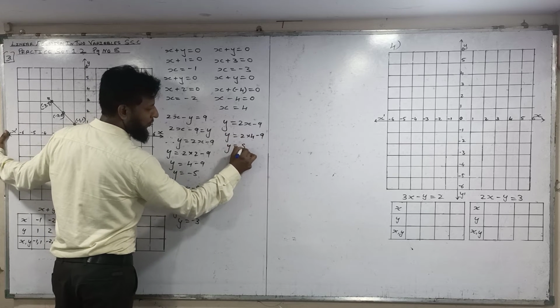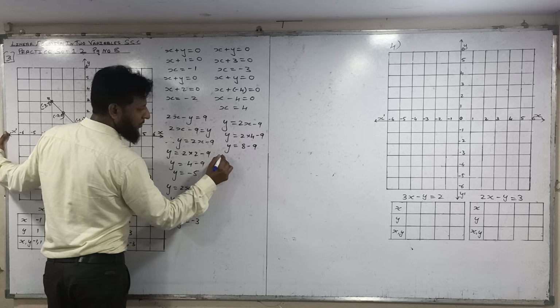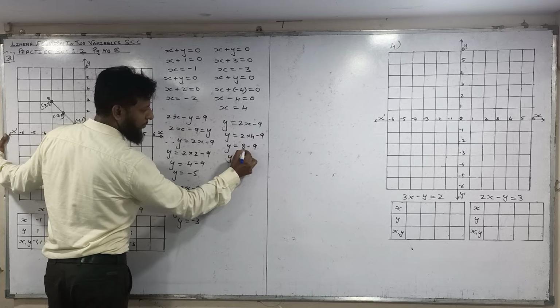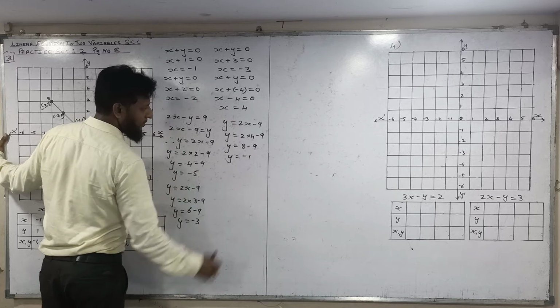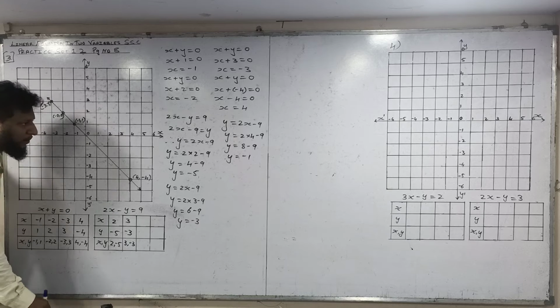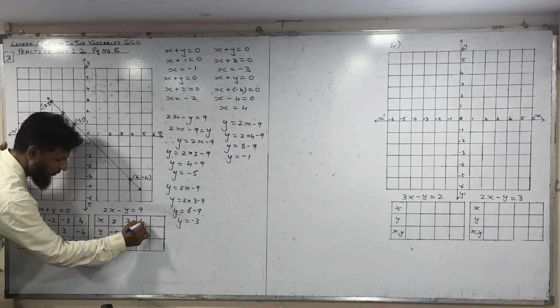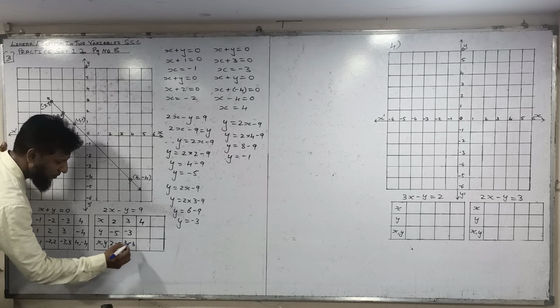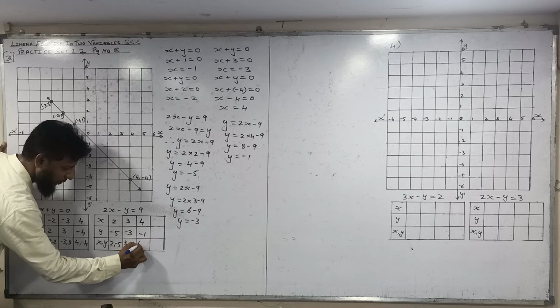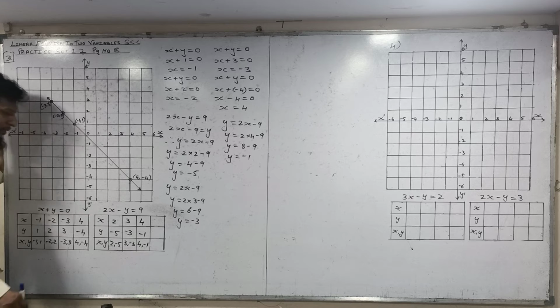Y is equal to 2 4s are 8 minus 9. So y is equal to minus 9 plus 8, minus 1. So when I am taking x value 4, my y value is minus 1, 4 and minus 1.